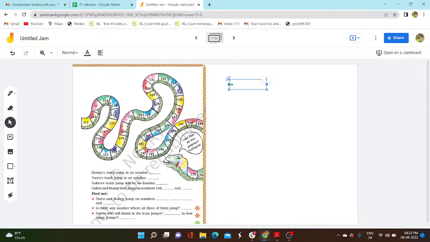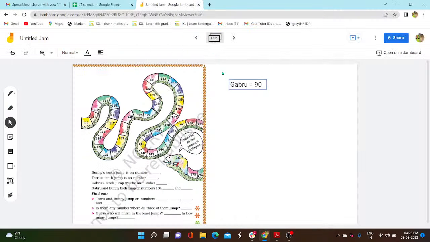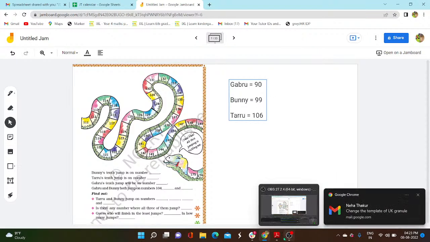So we can write Gabru equals 90, and in the same way Bunny 99 and Taru 106.